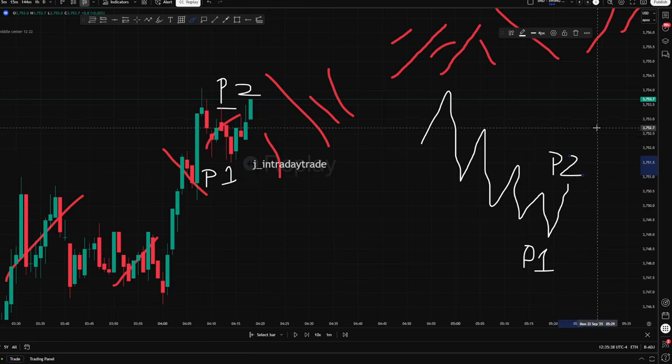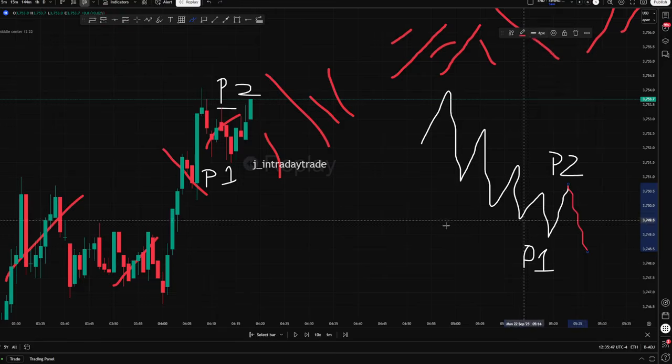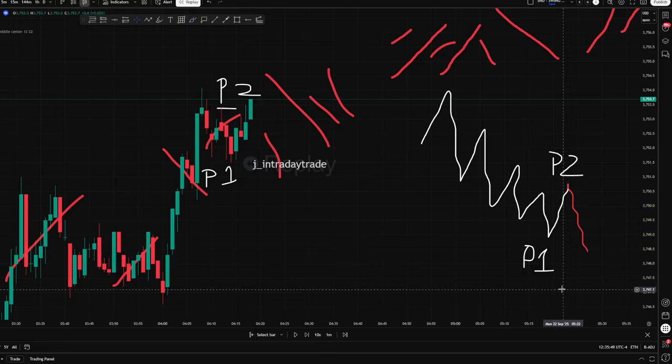So that potential 2 is going to look to potentially run into this low. Now, if this happens, and when it happens, both of these numbers will be created at the same time.